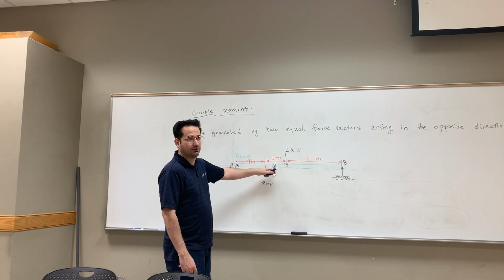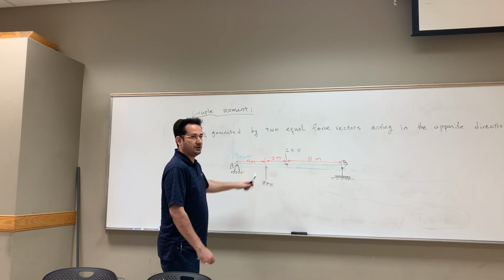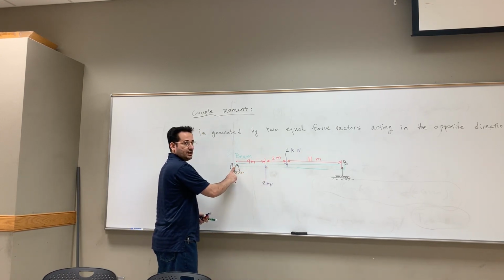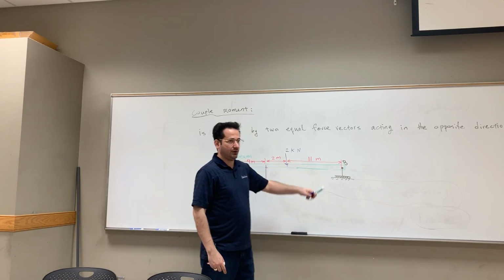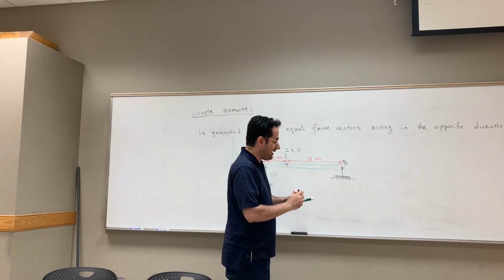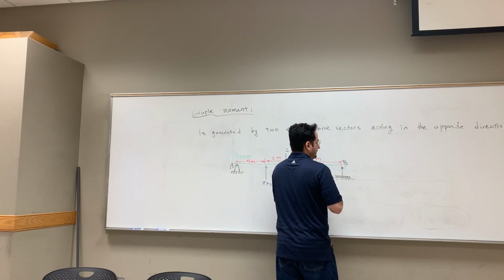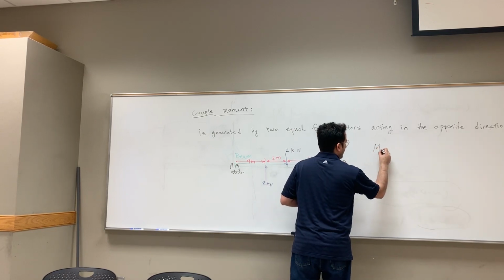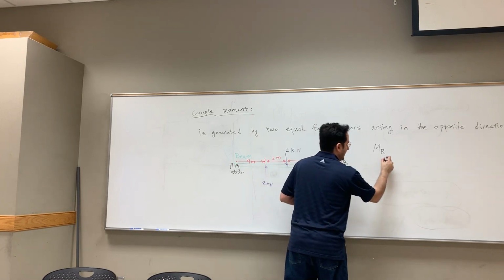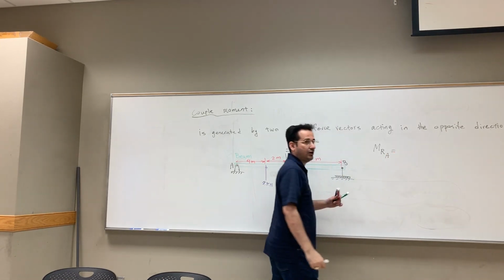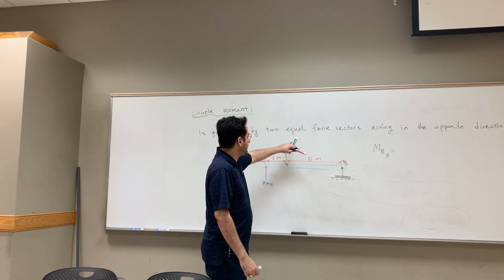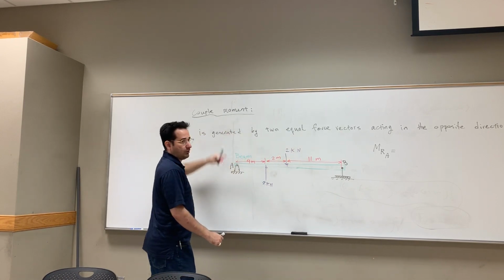The distance between them is 2 meters. The distance from this force to here, point A, is 4, and the other one is 11 meters. What I ask is find the resultant moment, or M resultant with respect to point A. That's the first question. Now, using this, I want to introduce the concept of couple moment.